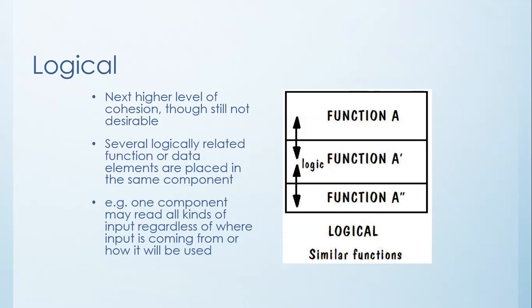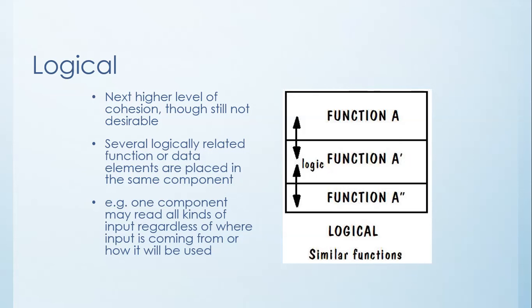The next level up, though still not desirable, is logical cohesion, where you group functions together based on logic, based on similarity of the function that they perform. So one component may read all kinds of input regardless of where the input is coming from or where it will be used.